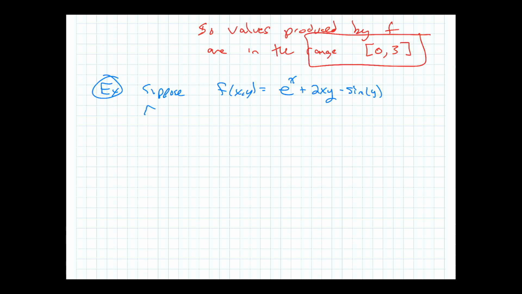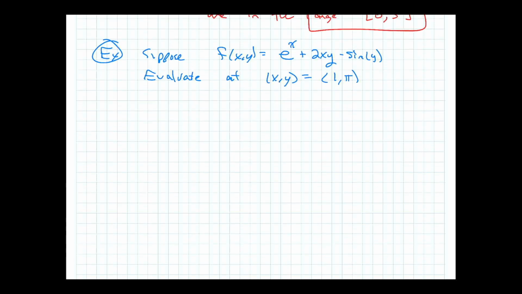And then they'll say evaluate at x, y equals 1 comma pi or something, right? And then they just want to make sure that you're comfortable plugging that into the function.